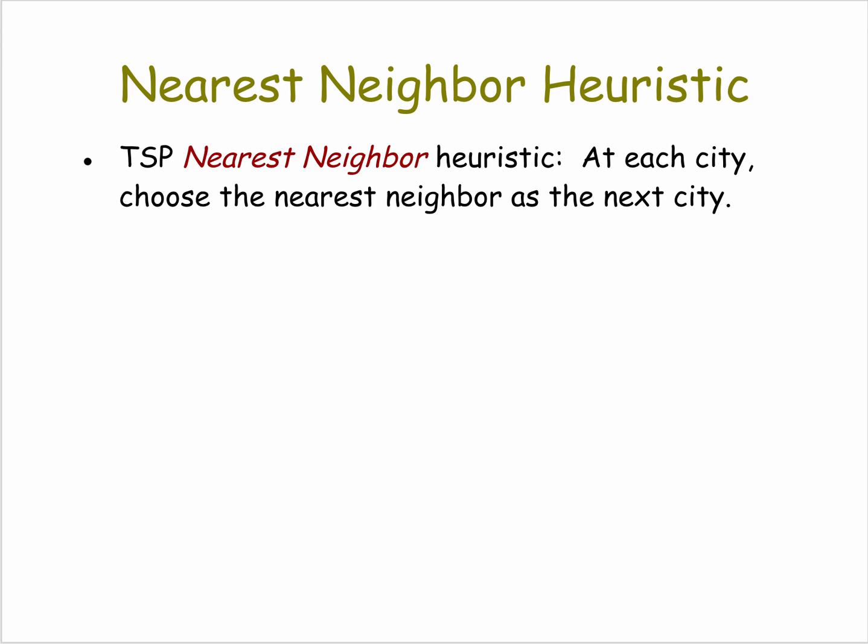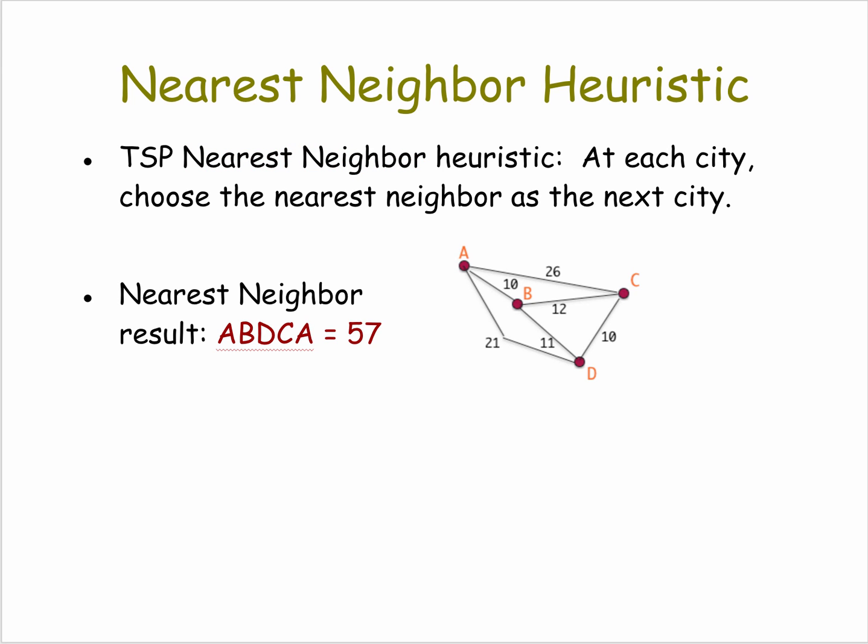It's simply this: at each city, choose the nearest neighboring city as the next city to visit. Here's an example with 4 cities, A, B, C, and D. If you start at A and use the nearest neighbor algorithm, then you get a total cost for your trip of 57.